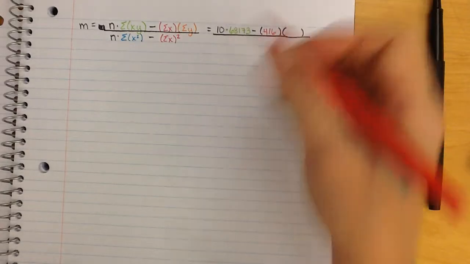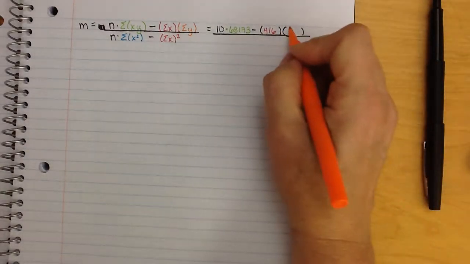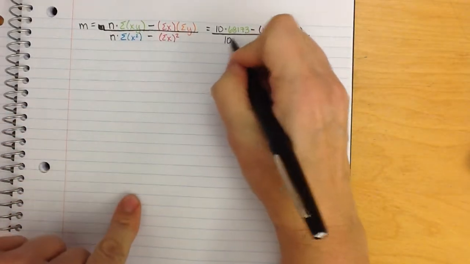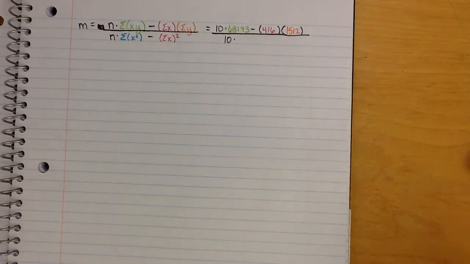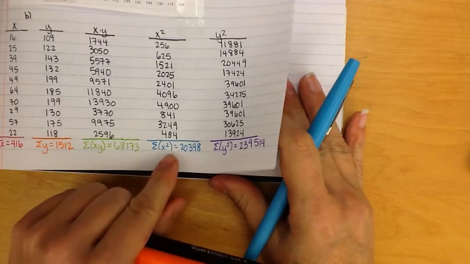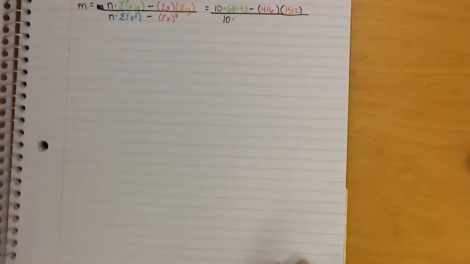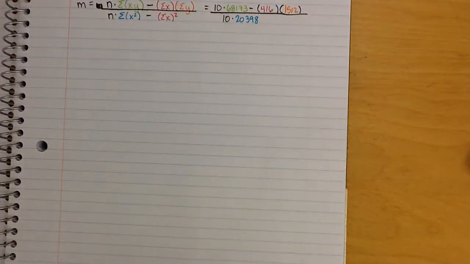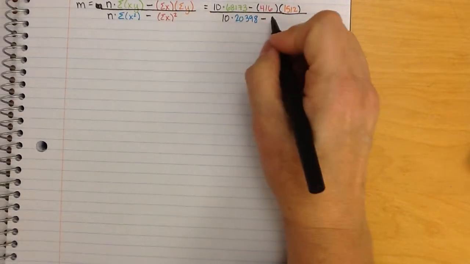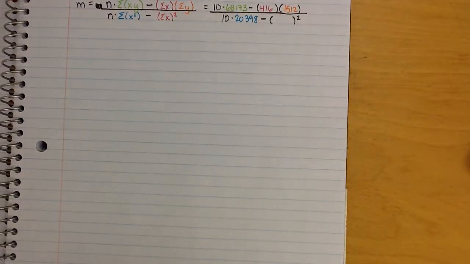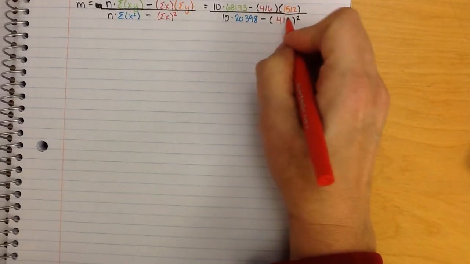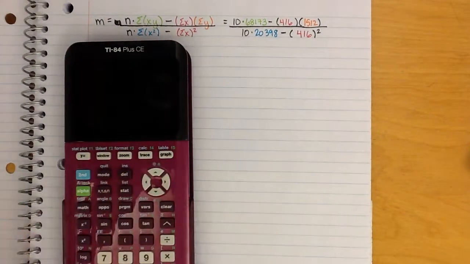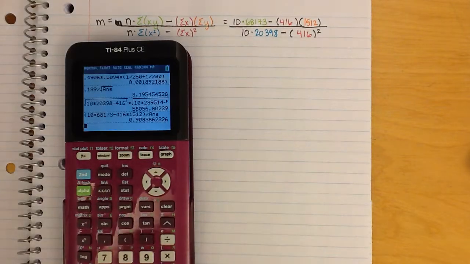So 416 times 1512, divided by sample size again, times the sum of x squareds, which was 20,398, minus the sum of x quantity squared. The sum of x was 416.